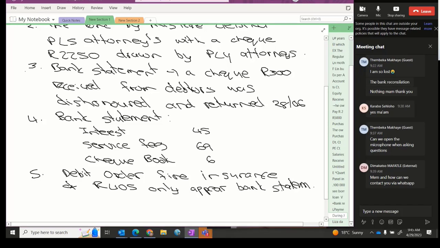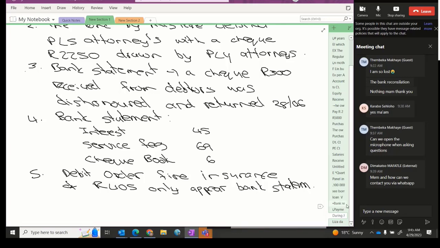Okay, so this one, the bank statement says that the debit order went off. It shows like that on the bank statement for your insurance that you pay every month. Okay, once again, it's already on your bank statement.